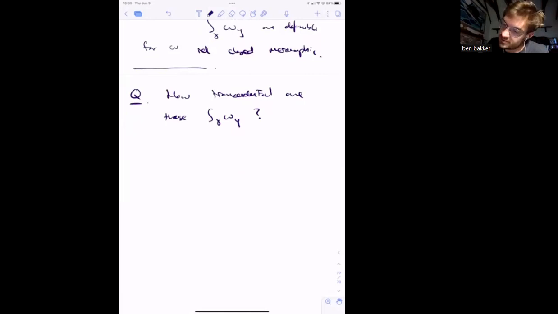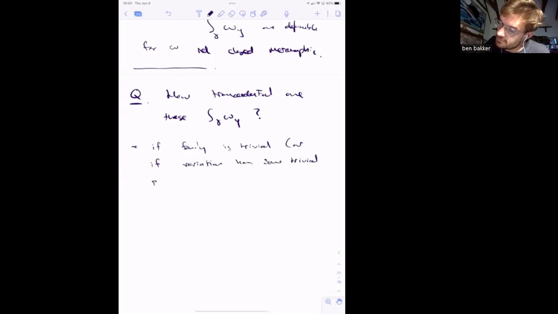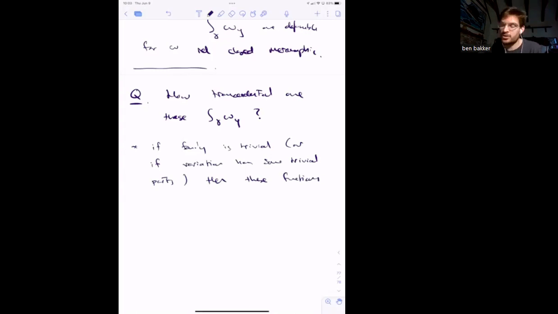If the family is trivial, or if the corresponding variation of Hodge structures has some trivial parts, then the corresponding periods will be constant, or rather, they won't necessarily be constant, but they'll be algebraic functions on the base.